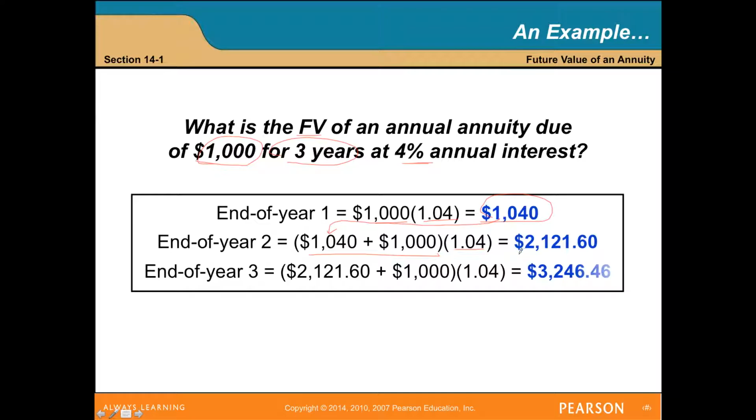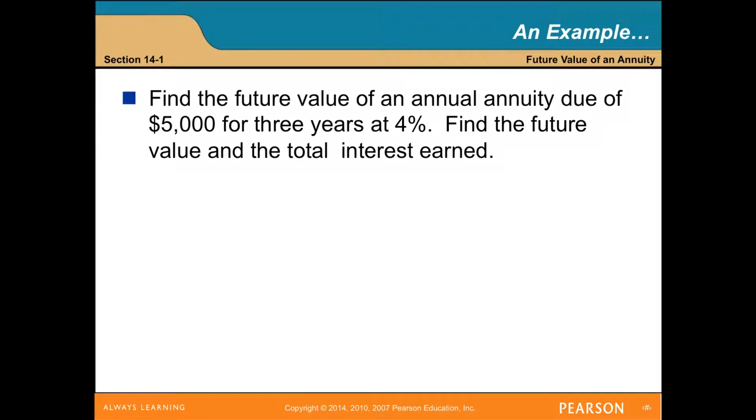When you do that, you have 2,121.60. Then you bring this over, and you have 2,121.60 plus given, times 1 plus the rate, equals 3,246.46. The future value is $3,246.46.